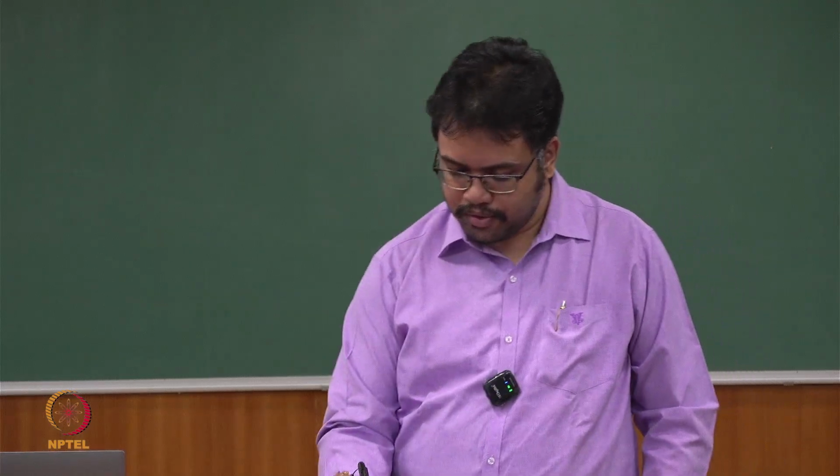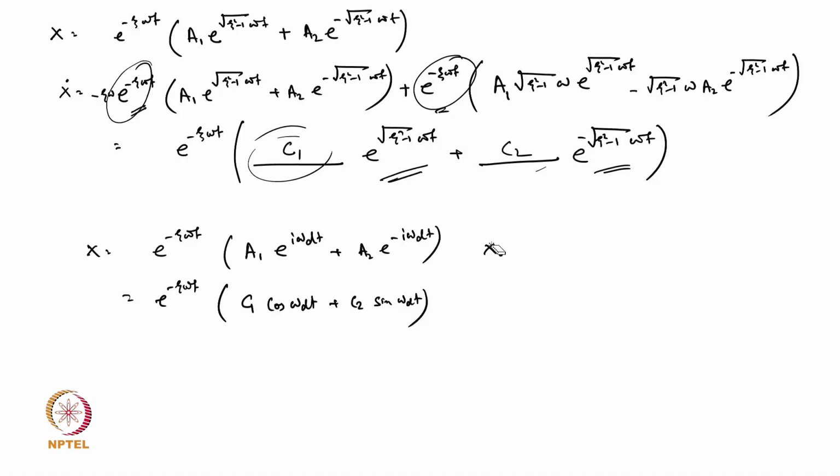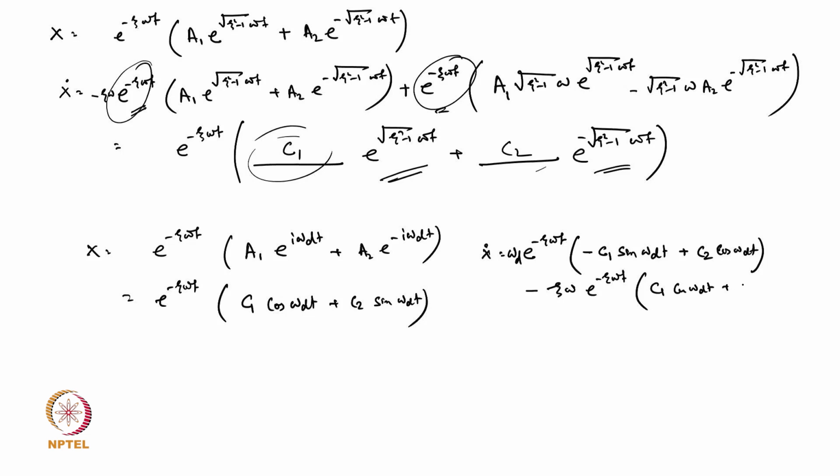Then what can we do? We can calculate again what will be the x dot. So x dot will be e to the power of minus xi omega t into, omega d will be going out, that will be C1 sin omega dt plus C2 cos omega dt, minus xi omega t e to the power of this into C1 cos omega dt plus C2 sin omega dt.